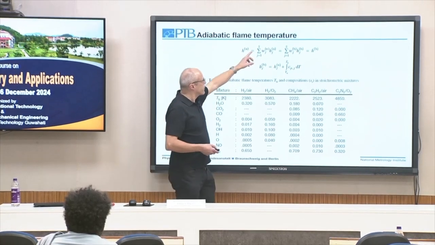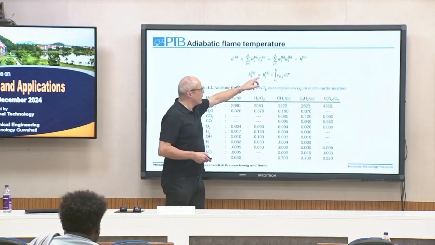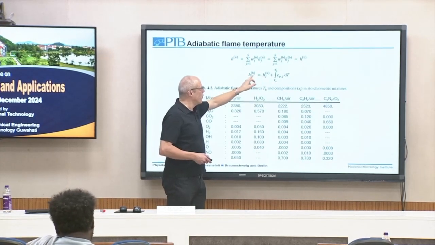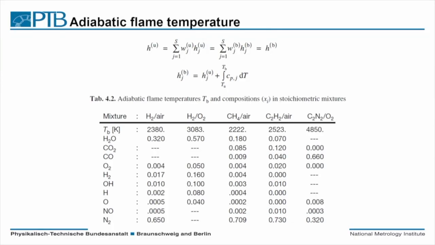It means the sum over all species of the mass fraction of species J times the enthalpy of species J is the same. And then we know the change of enthalpy from unburned to burned is related to this temperature change.